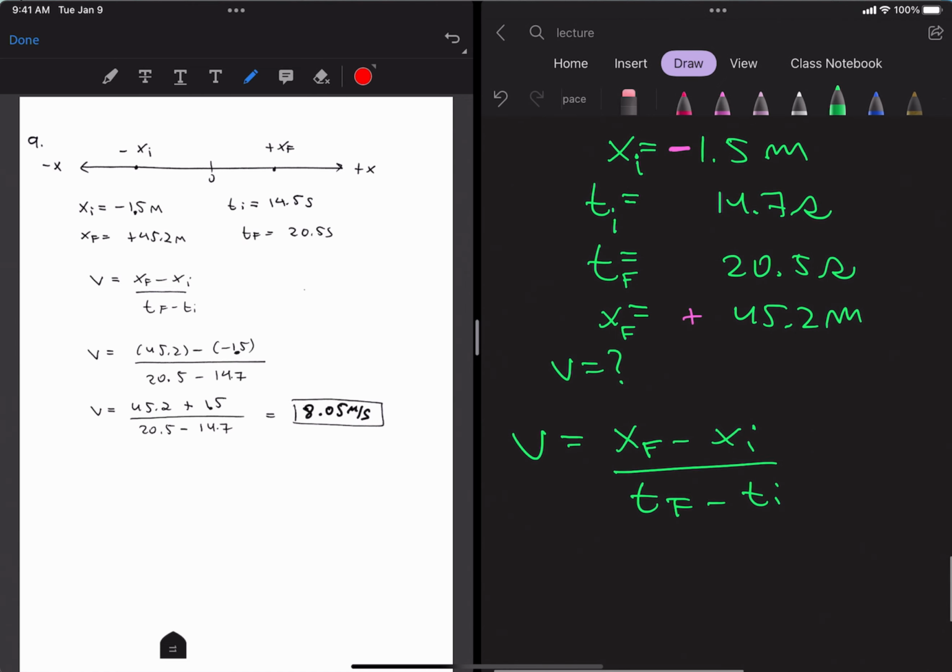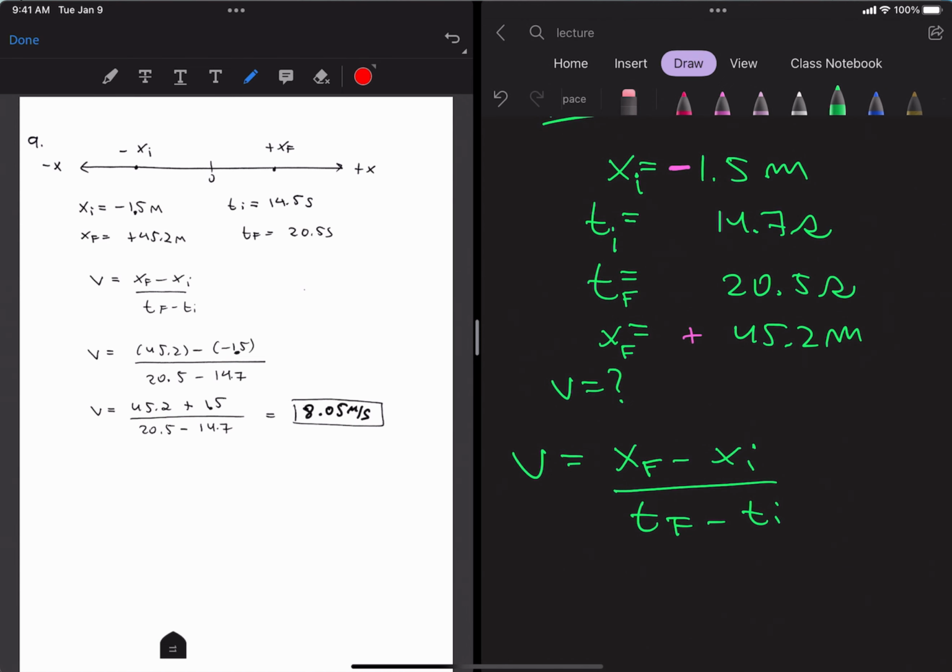Initial position is negative 1.5. Initial time is 14.7. I'll do it a little bit differently. I'll just write the formula and redo it.